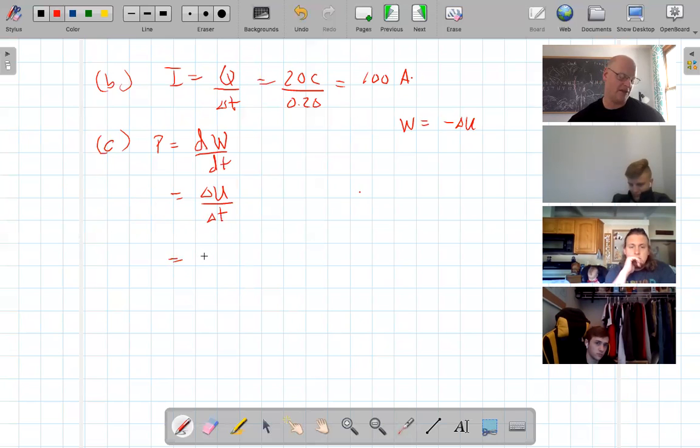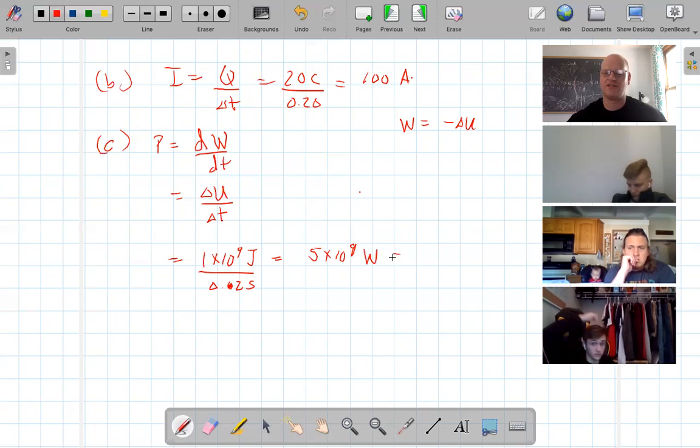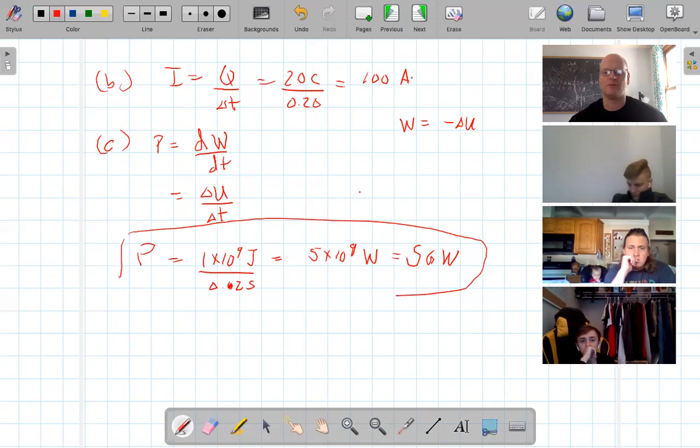So this is equal to 1 times 10 to the 9th joules divided by 0.2 seconds. Good. So this works out to be about 5 times 10 to the 9th watts, which is equal to 5 gigawatts. So this is the amount of power which is delivered by a strike of lightning.